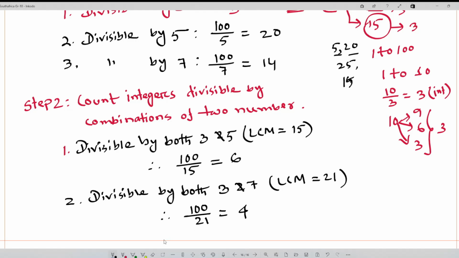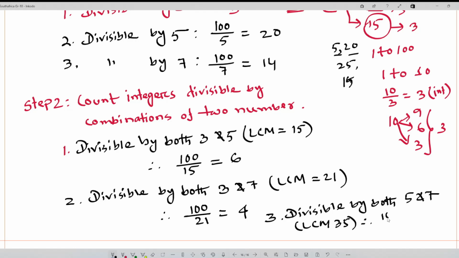And another one is number 3, divisible by both 5 and 7. LCM is 35. So 100 divided by 35, the answer is 2. Okay, not 3, because 3 times 35 is 105.